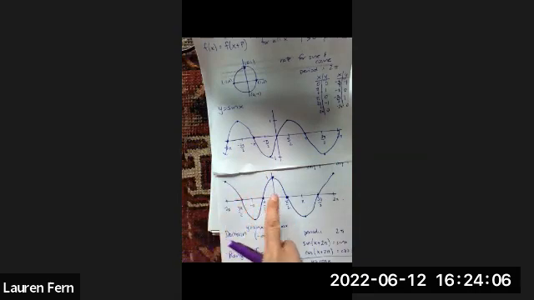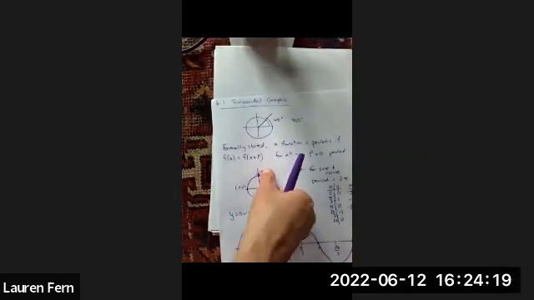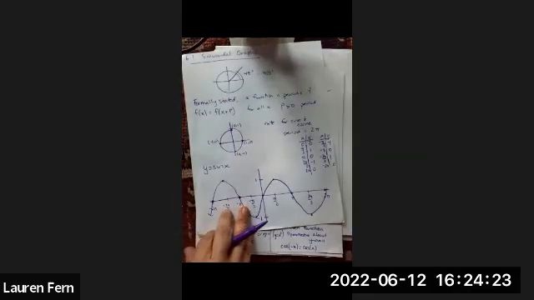Or you could similarly think of it as if you take your cosine graph and shift it to the right pi over 2, you would be on your sine graph. Okay, so these two functions, and we know this also by looking at our unit circle, are just translations of each other.